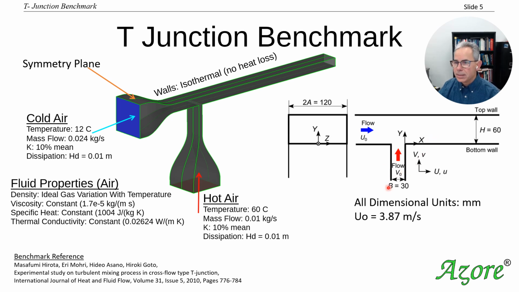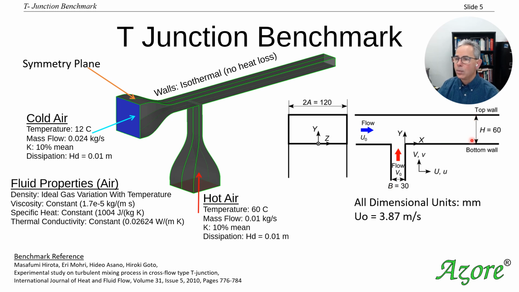The flow is going to be coming in from the bottom right here. And you will notice we're going to pick a nominal velocity, this u0, and that will be used for non-dimensionalizing our velocities for looking at the experimental data. We're going to use a b value, so the width of the duct right down here is 30 millimeters, and we're going to designate that as b.